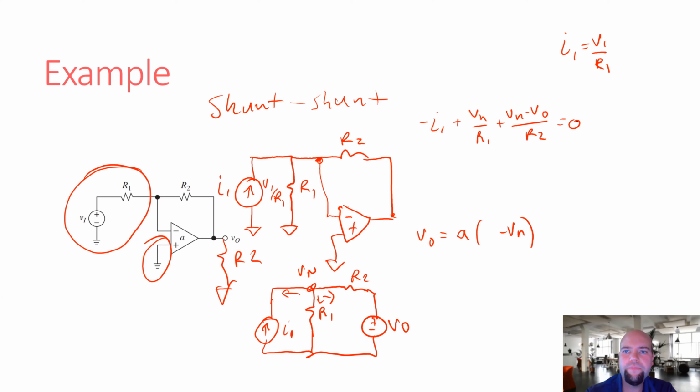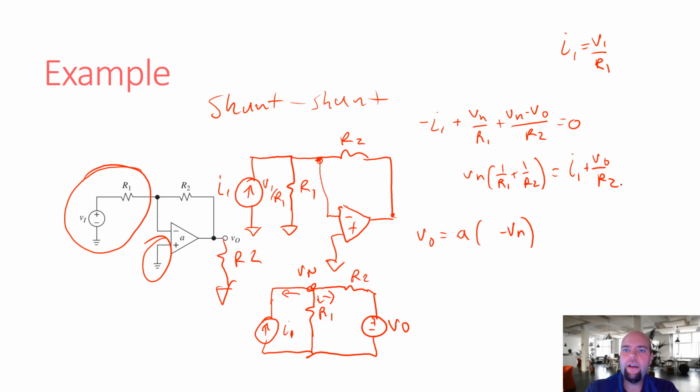All that equals 0. Okay, cool. So now let's get this Vn out of here. So we have Vn times 1 over R1 plus 1 over R2 equals In plus V out over R2.